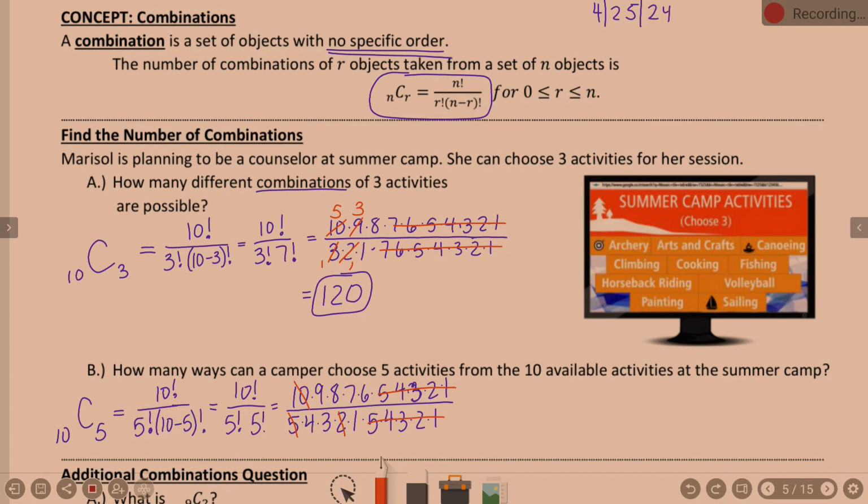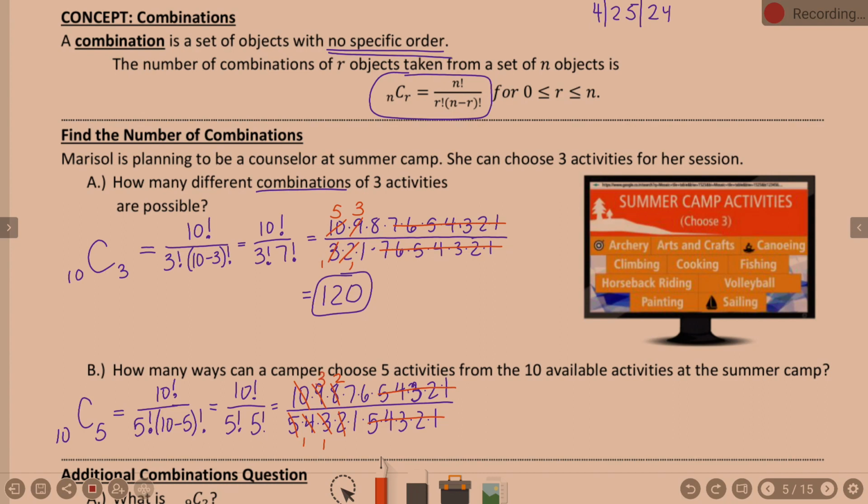What about 4? 4 can cancel with 8. 4 divided by 4 is 1. 8 divided by 4 becomes 2. What about 3? 3 divided by 3 is 1, and pick one, 9 or 6. It doesn't matter. Which one were you going with? 9. 3 divided by 3 is 1. 9 divided by 3 is 3.